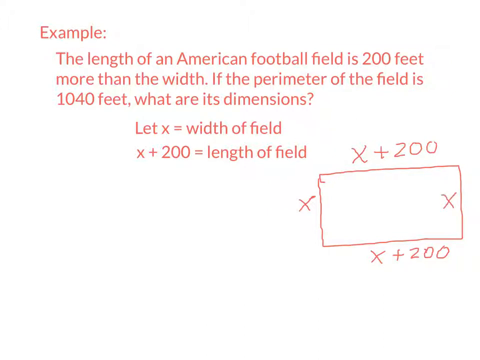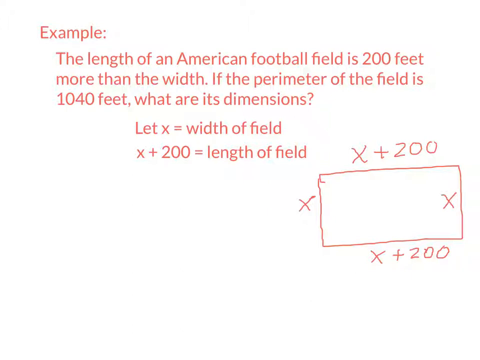All right? Okay, so what do we know about the definition of the word perimeter? Perimeter is the distance around something. So therefore the perimeter would be equal to x plus 200 plus x plus 200. It's the sum of all the sides.